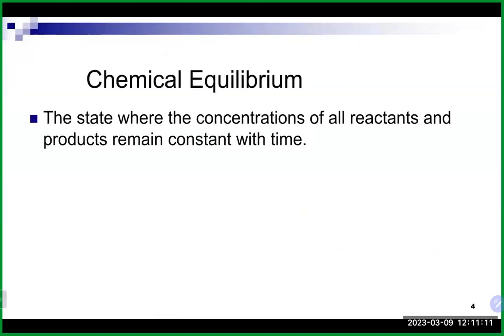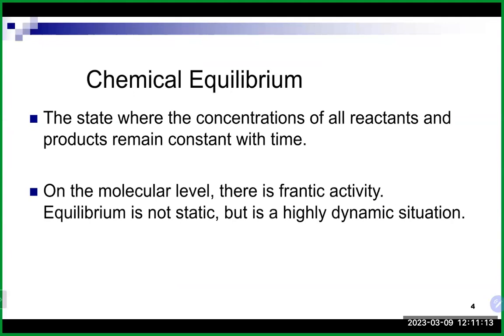So when we look at chemical equilibrium, it is the state, as I mentioned, where all the reactants and products remain constant with time. When people look at a reaction that perhaps has reached equilibrium, maybe it turned red, or maybe it was red and then it turned colorless, or whatever it may be. When you look at the beaker, the flask, the test tube that it's in, it may look like there's nothing going on.